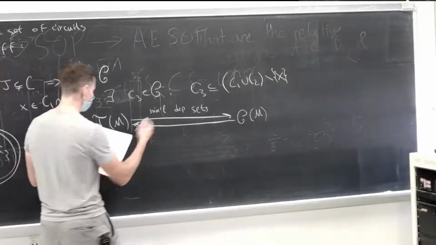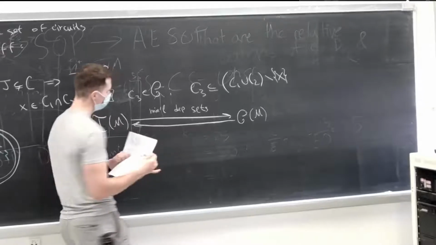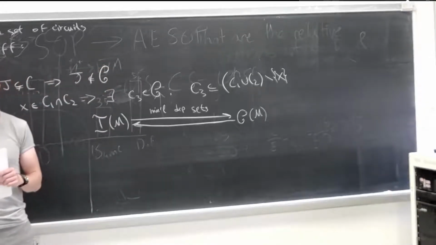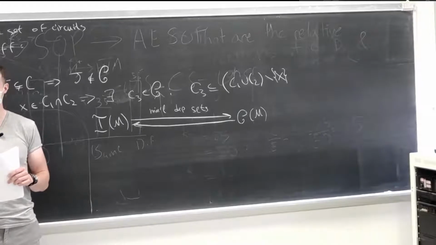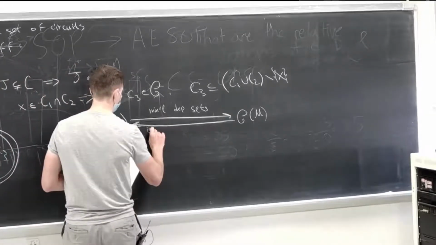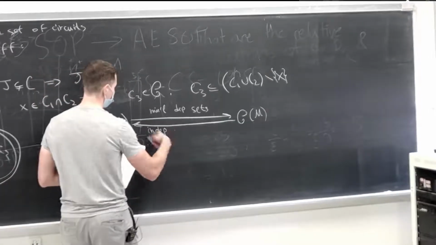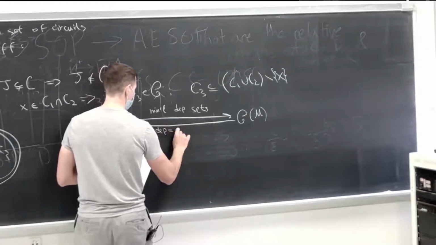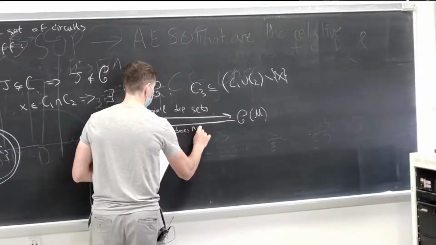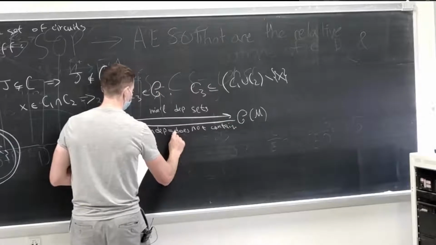All right. Let me write what I think is equivalent but slightly different. An independent set is a set which does not contain a circuit. Independent means it does not have a linearly dependent set inside of it.